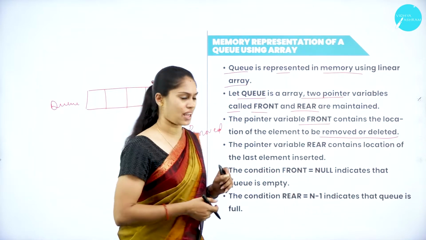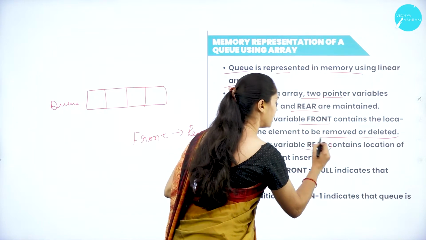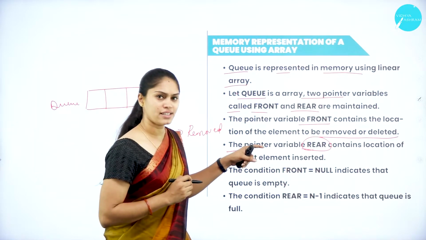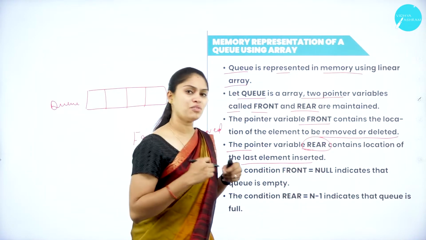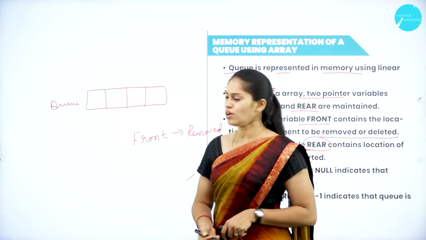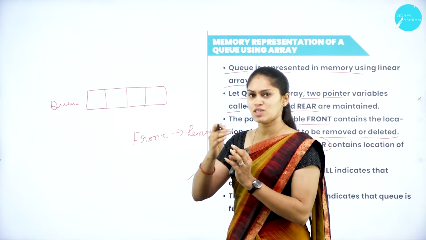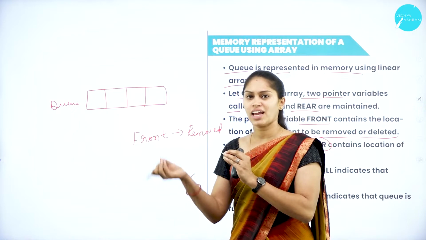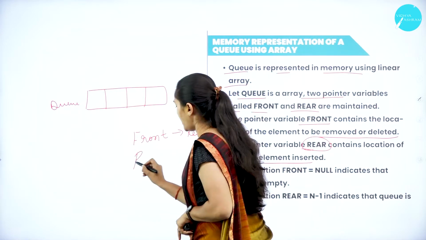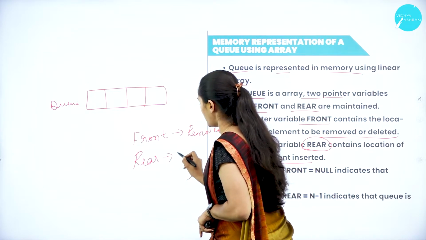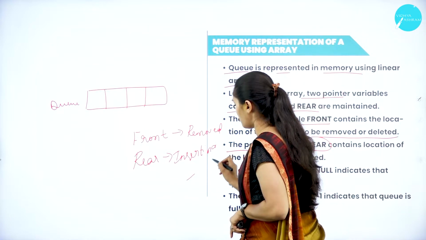And what about this rear end? What is it going to do? The other pointer we have is rear. It contains the location of the last element that we have inserted. So which element has been inserted last? That means it will be the location where we want to insert a new element into the queue. So that rear pointer will specify the insertion of a new element.